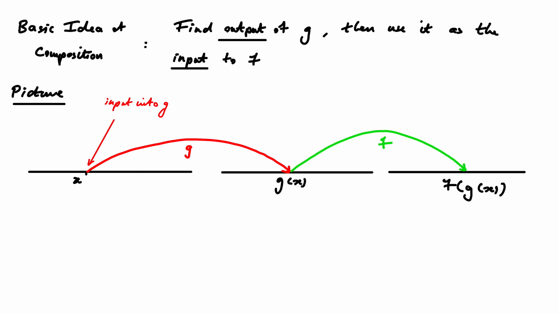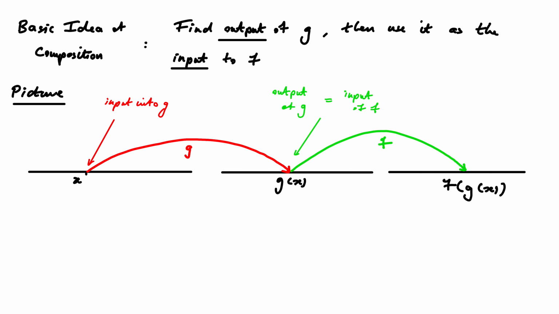So this position here is kind of interesting. It's an input and an output, right? This is the output of g, but that's going to be the new input of f. So what have I got here?